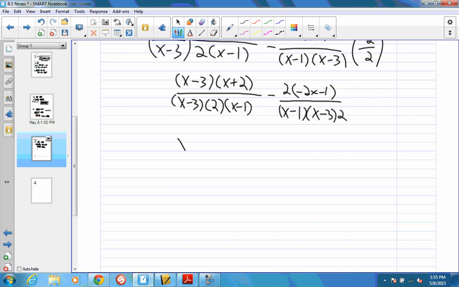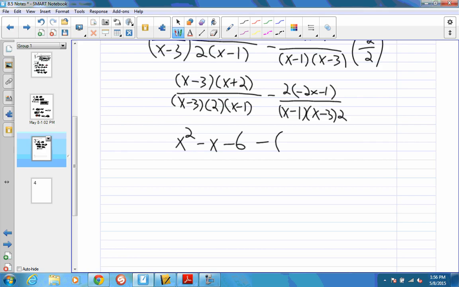If I distribute this out, or FOIL, I'll have x squared minus 3x plus 2x minus 6, right? So x squared minus x minus 6, once you add everything together. We can do that now. Then this is minus 2 times negative 2x minus 1.